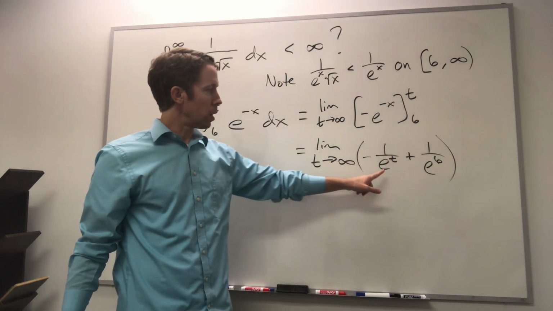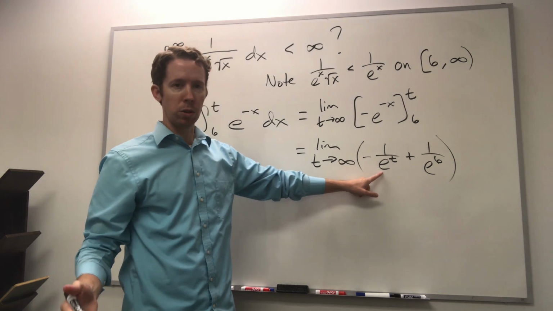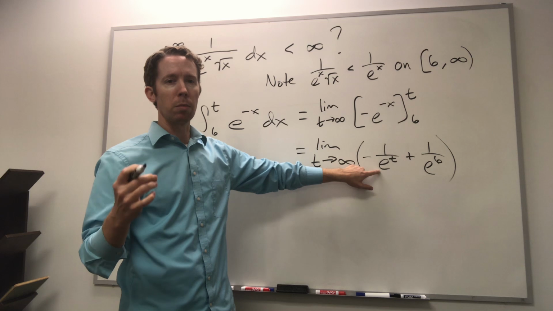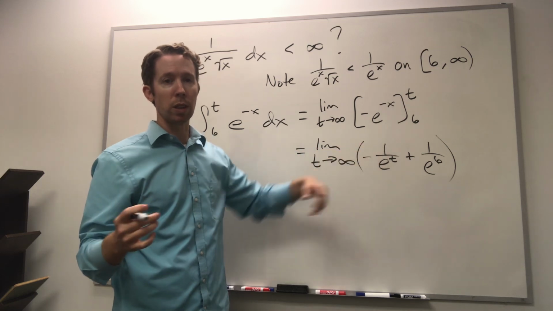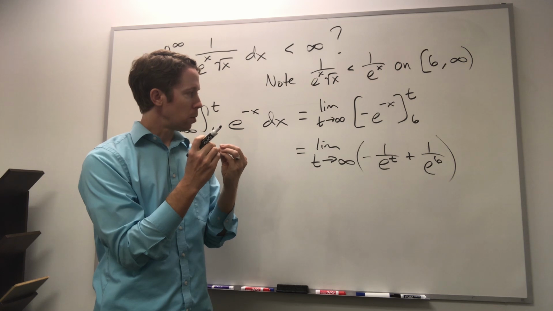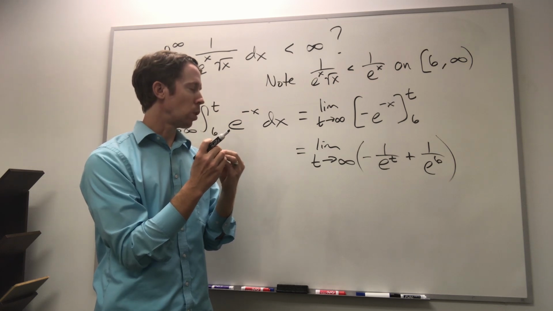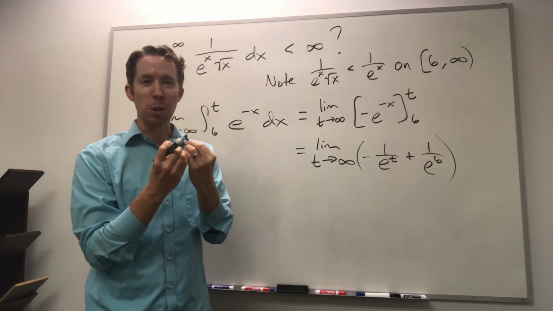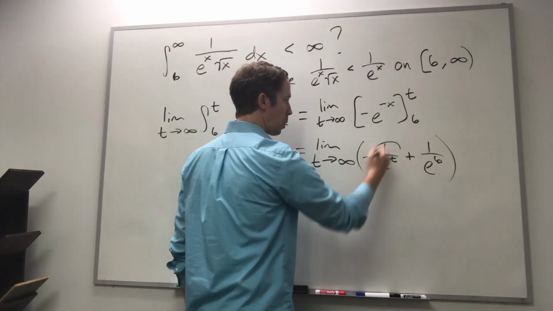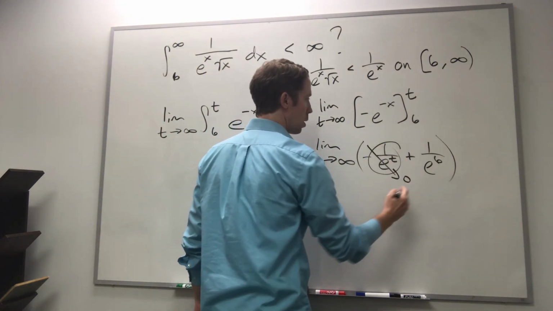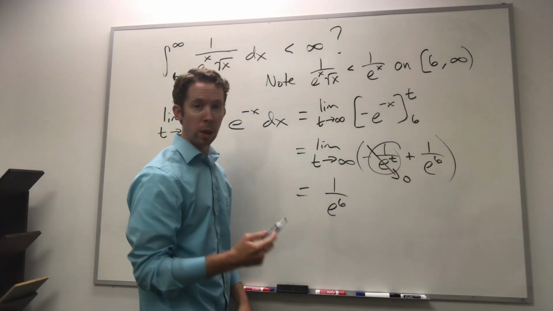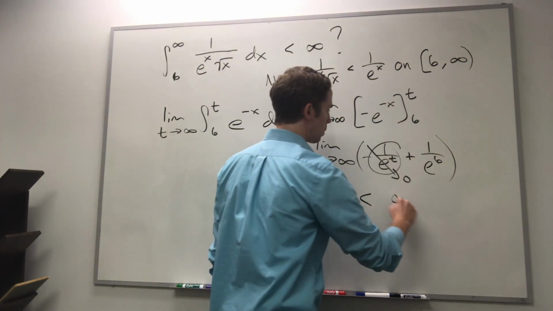As t goes to infinity, e to the t also goes to infinity. And as that denominator is getting bigger and bigger, it's making the whole fraction shrink down to something extremely tiny. It just keeps shrinking closer and closer to 0. So this limit is 0 of this part. So the entire limit is just 1 over e to the 6. What I really care about is that that's finite.